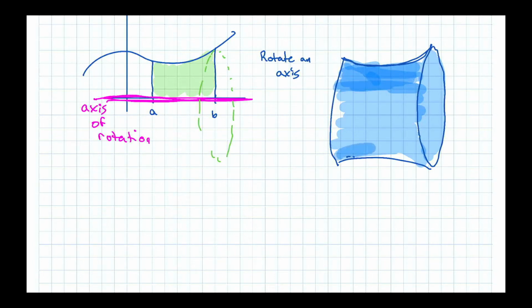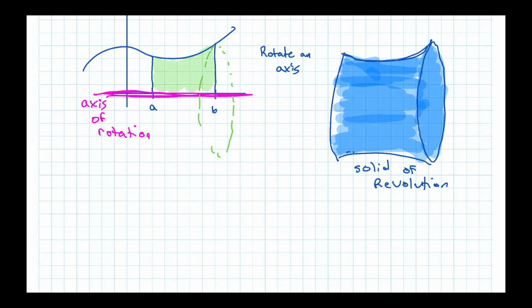So there you go. That's how you get a solid of revolution. And we know what the volume of that is.